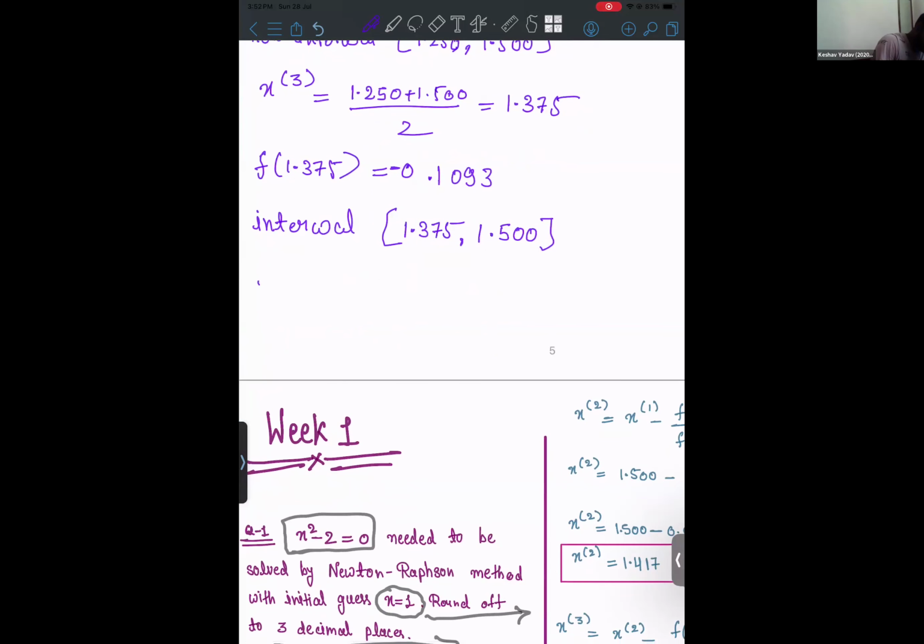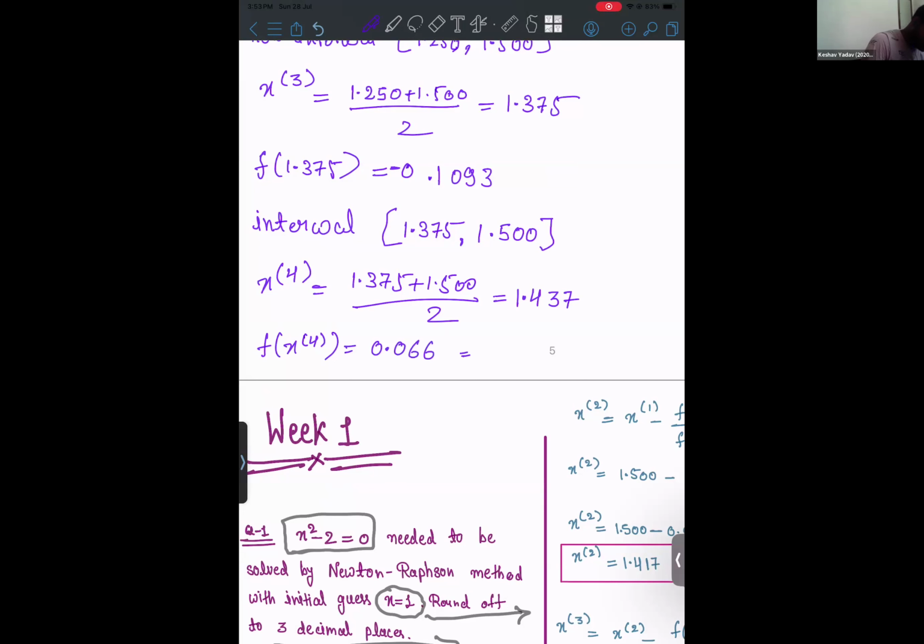Now if you find the x at fourth iteration, that will be equal to 1.375 plus 1.500 divided by 2. That will give 1.437. Now I need to find the function value at fourth iteration. That will be equal to square minus 2. So it will come positive, 0.066.